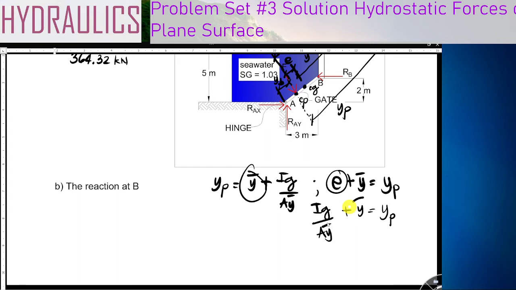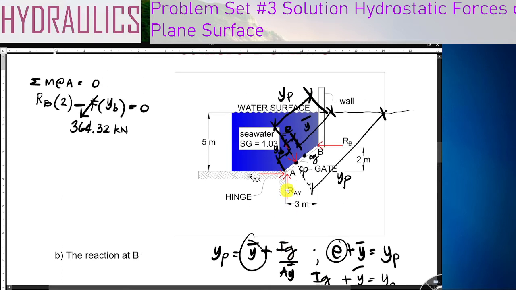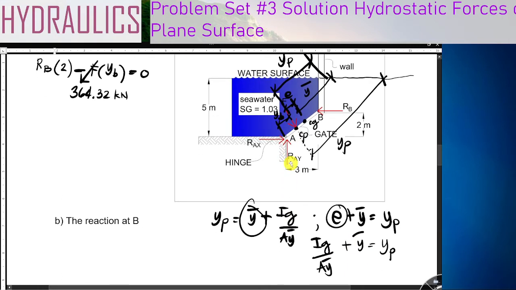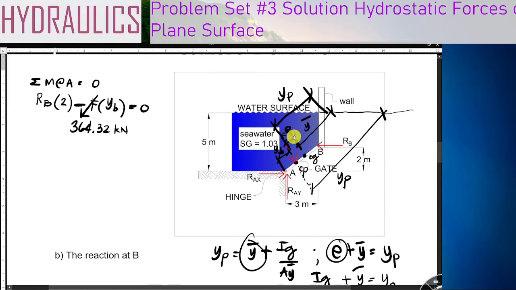Why did I say eccentricity? If you recall in the figure, the eccentricity is located between the center of gravity, the centroid, and the center of pressure. Plus Y sub B, measured from the center of pressure to the bottom A of the gate, that is also equal to the length divided by 2.